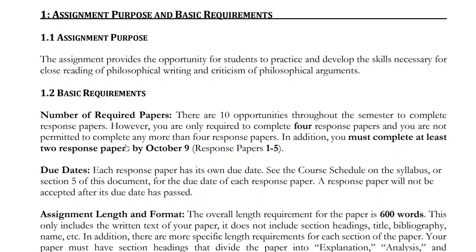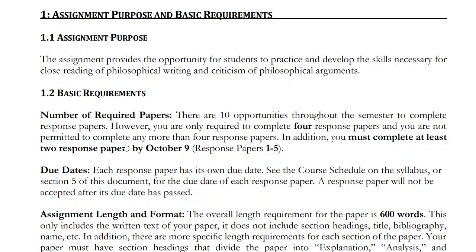You'll notice that I've written that the purpose is to criticize an argument, and the vast majority of the time, as we'll see in the prompts for the response papers, I will be requiring you to explain the argument that you're writing about, and then after that criticize it or argue against it.